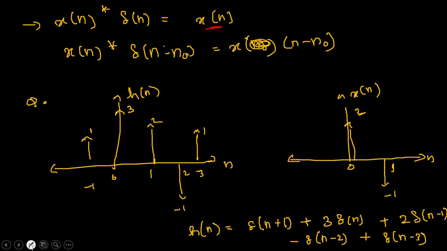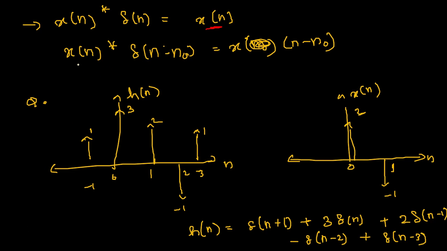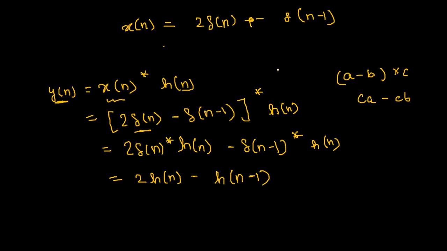And yeah, convolution of any function with delta function shifted by n naught units gives us the value of that function also shifted by n naught units, right? So here we can see h of n with two del. Let's ignore the two here.